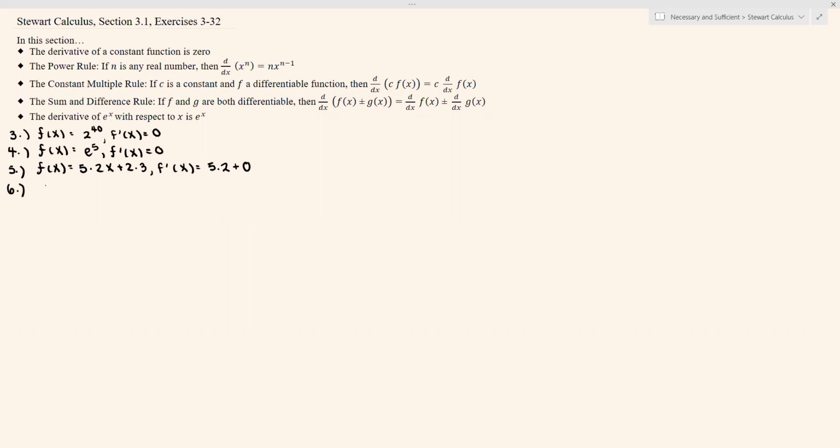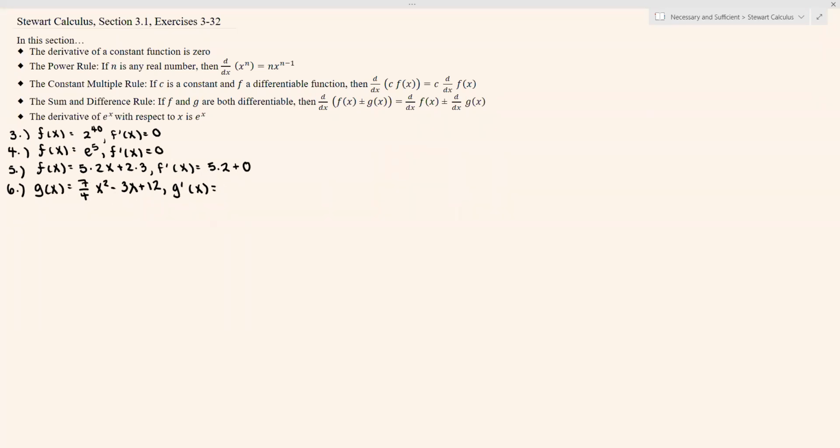Problem 6 is asking us to find the derivative of g of x equal to 7 over 4 times x squared minus 3x plus 12. Again, we're going to be using a combination of the rules listed above. So g prime of x. We have a difference and a sum, so we're just going to compute the derivative of each term and put it together.